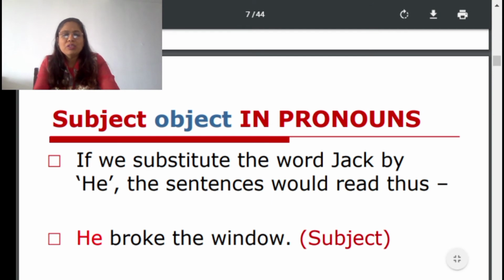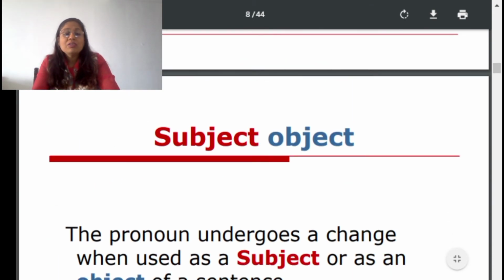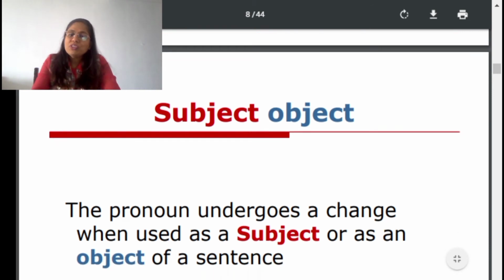He broke the window, and in the second case, where Jack is the objective case of the sentence, it becomes the window was broken by him. The pronoun undergoes a change when used as a subject or as an object of a sentence. That is the difference between he and him, I and me, and so on.